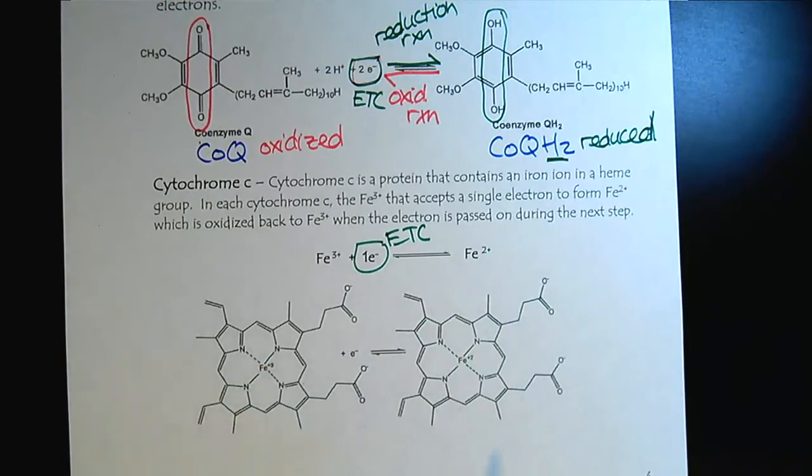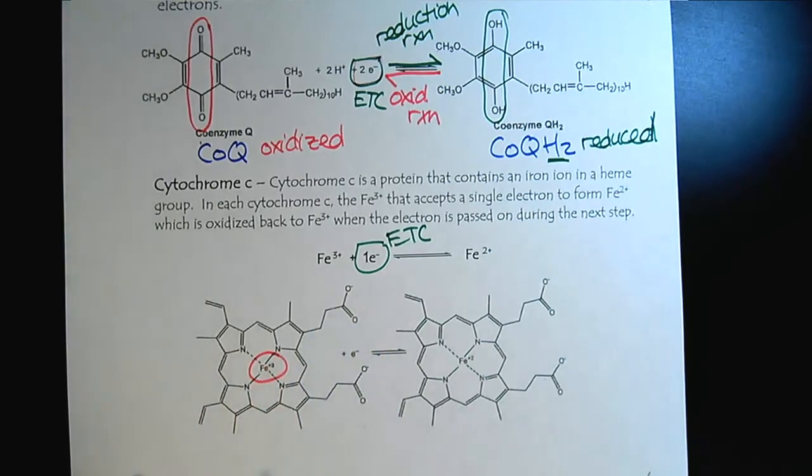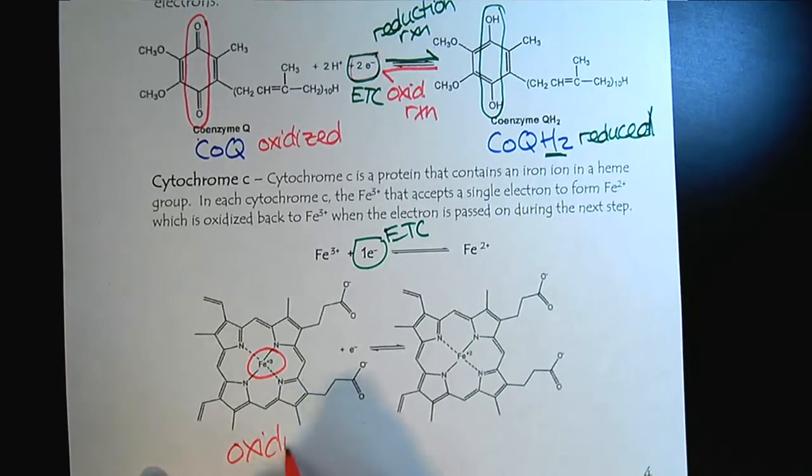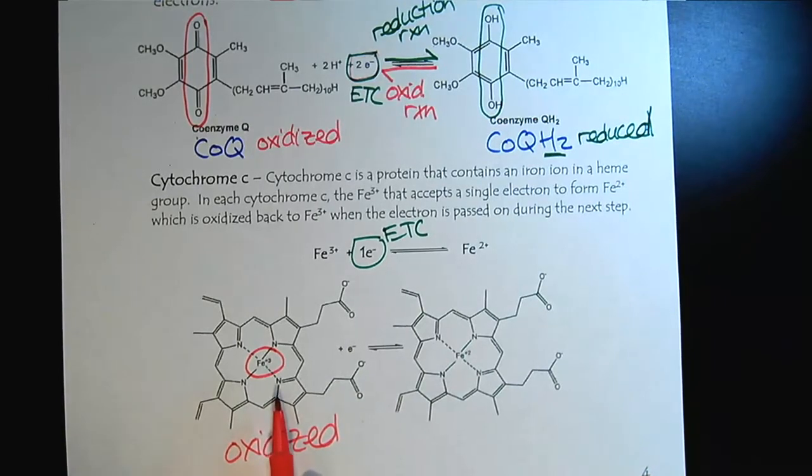So if we look closely at cytochrome C, we see here we have iron 3+, which we would say is the oxidized form, because it has the least number of electrons.